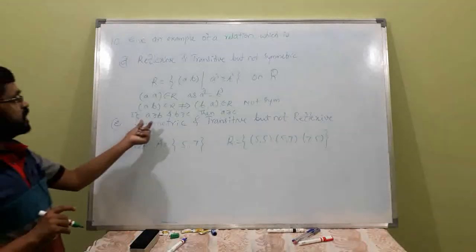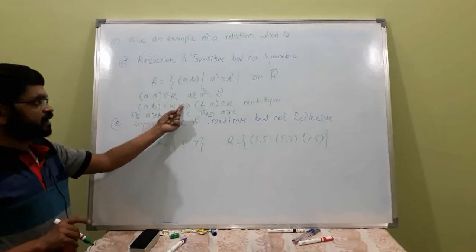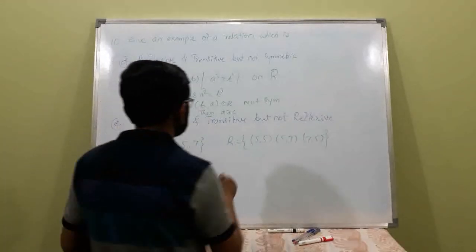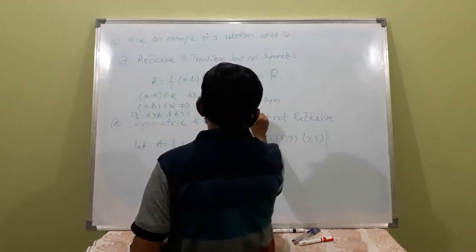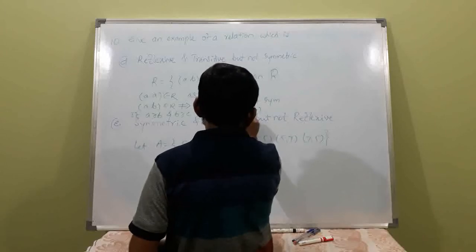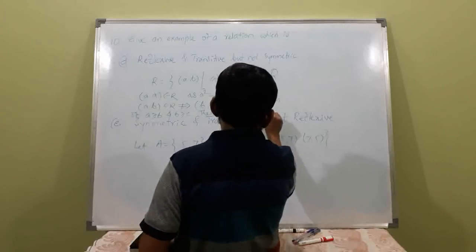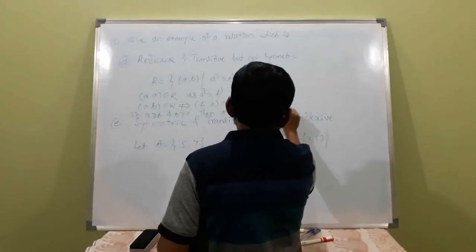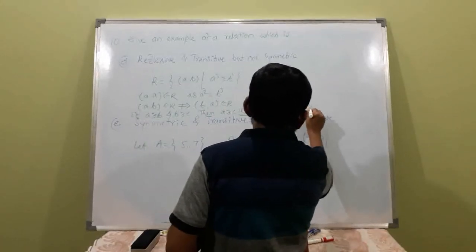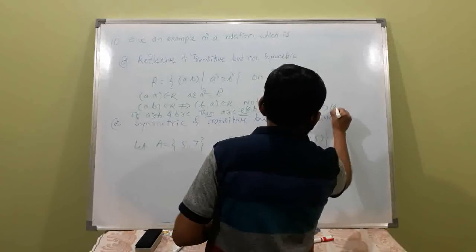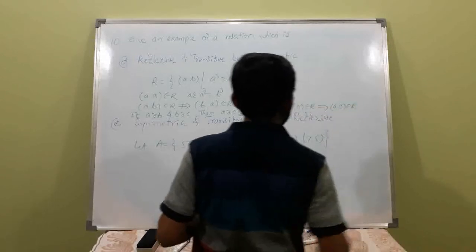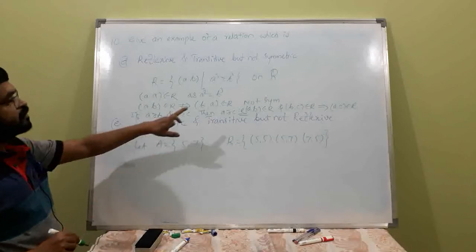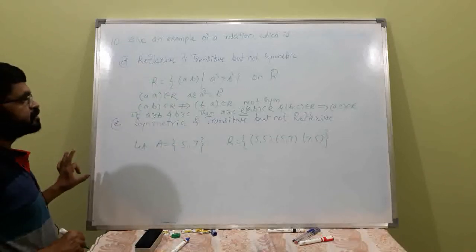That means (a, b) belongs to R and (b, c) belongs to R implies (a, c) belongs to R. Take it neatly: (a, b) belongs to R and (b, c) belongs to R implies (a, c) belongs to R. Okay. So only the symmetric property is not satisfied.